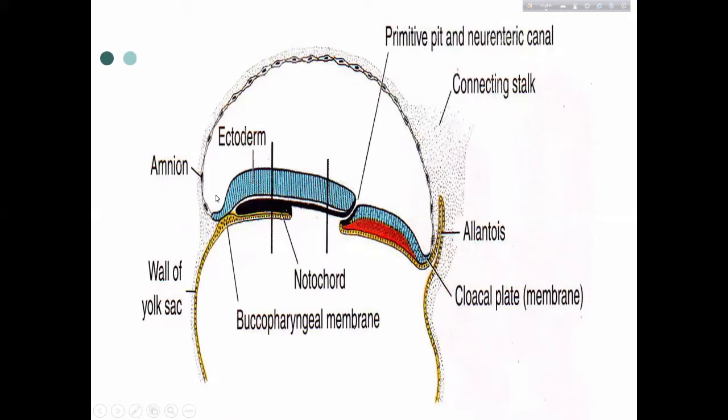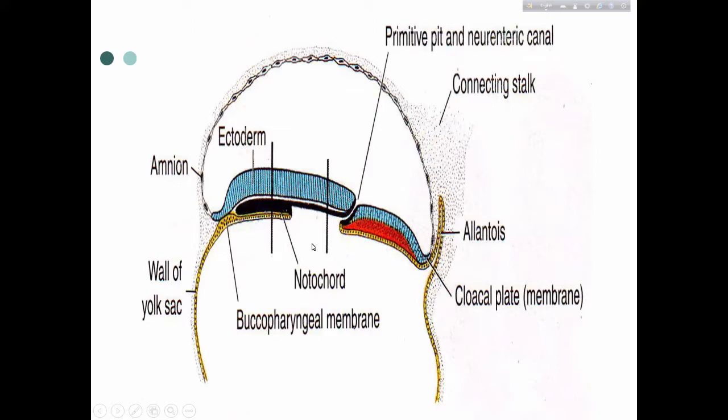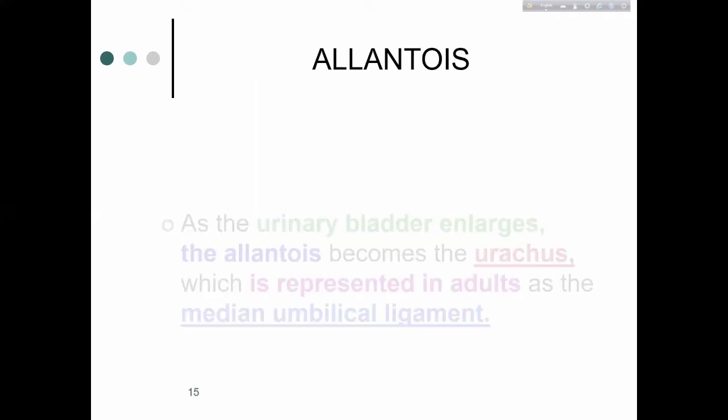When the embryo folds, this yolk sac lined by endoderm will be incorporated into the embryo, and it will form the gut tube here: foregut, midgut, and hindgut. And here the urinary bladder will develop, like here. So the allantois develops near the developing urinary bladder.